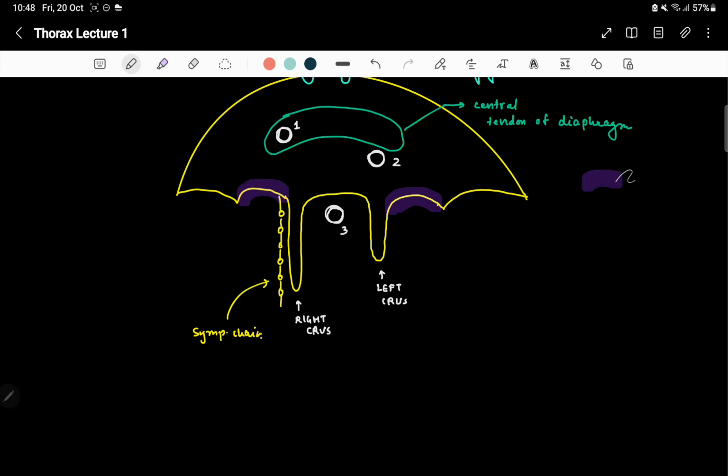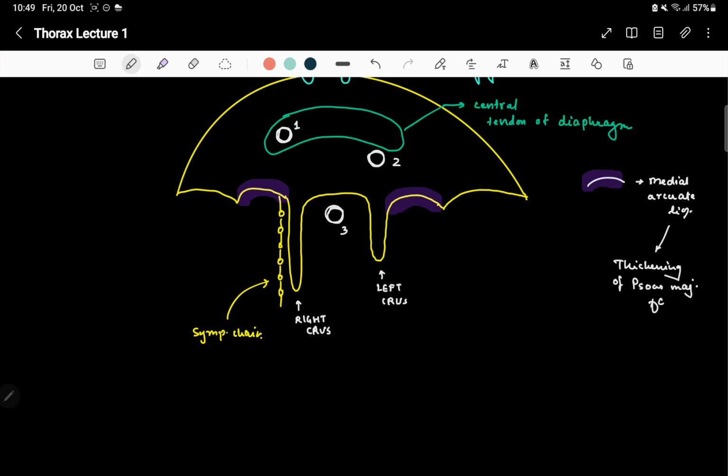This one is a medial arcuate ligament, and a medial arcuate ligament is the thickening of psoas major fascia.